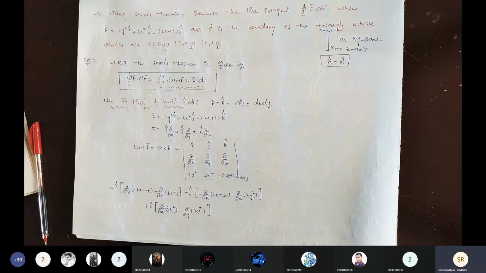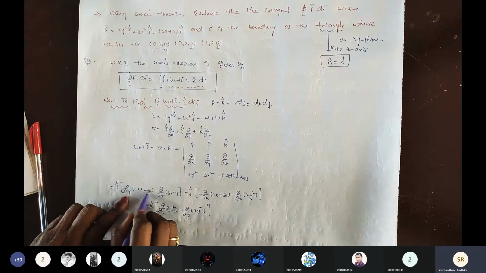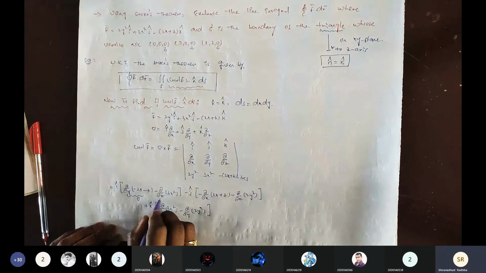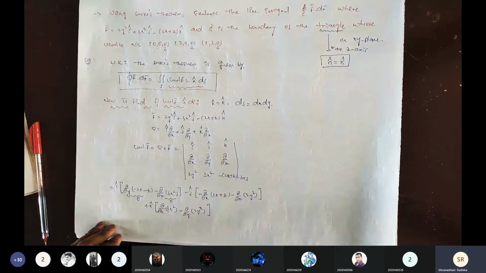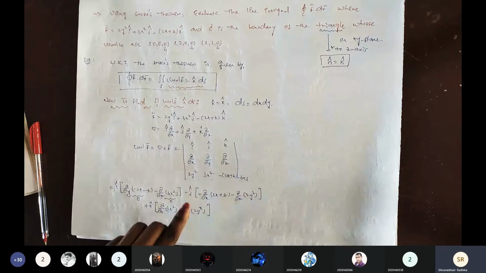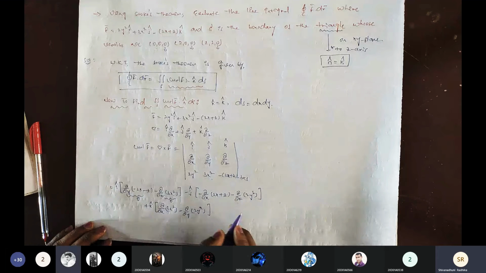Is it clear now? With respect to y, the partial derivative of x and z are completely constants, and the derivative of a constant is 0 here. With respect to z, 3x square is also a constant, so the derivative is also 0. So the i cap coefficient is 0. Coming to the j cap coefficient, dou by dou x of minus 2x is minus 2 here.